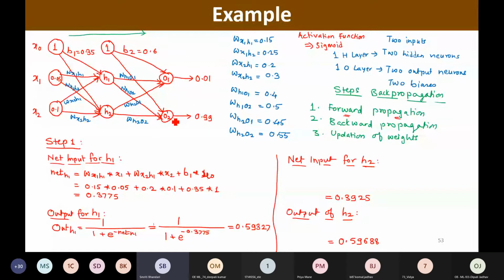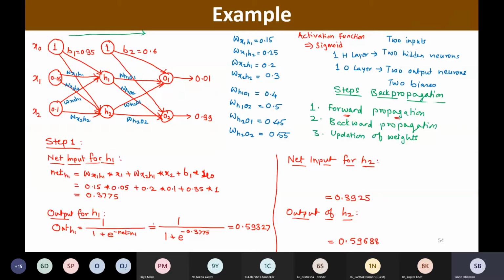So I need to compute the input for O1 and the output of O1. Also, I need to compute the input for O2 and the output of O2 on similar lines. And then after computing this, we are going to compute the error.